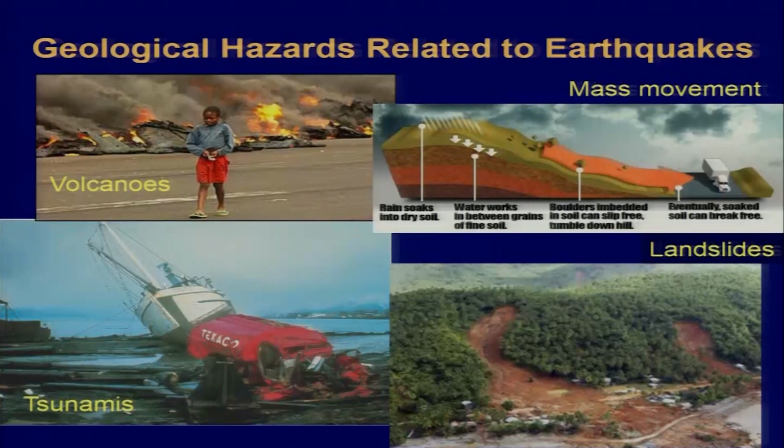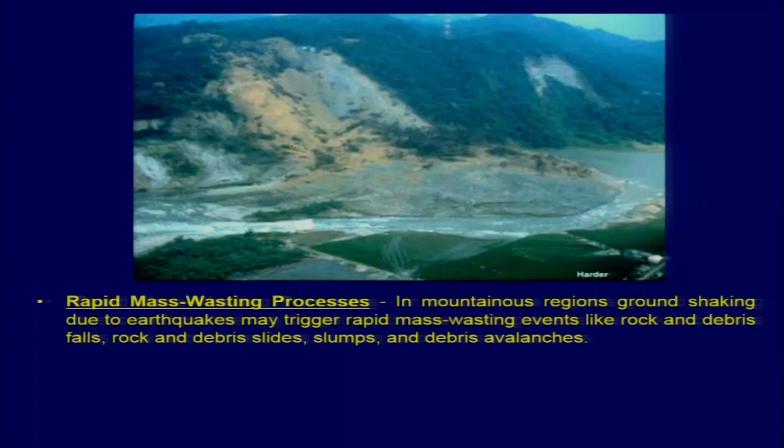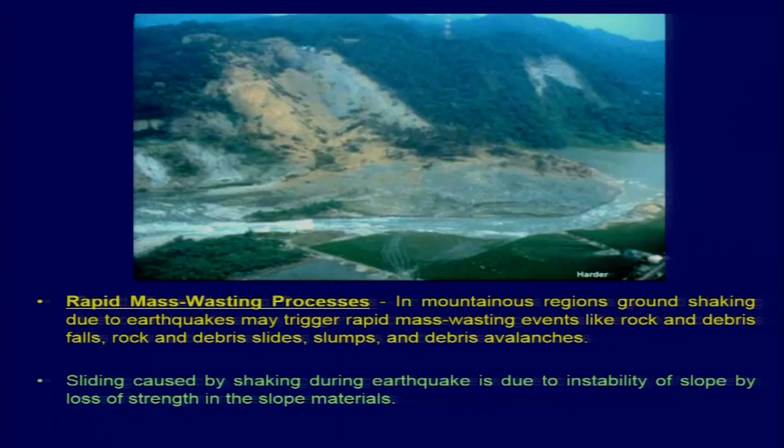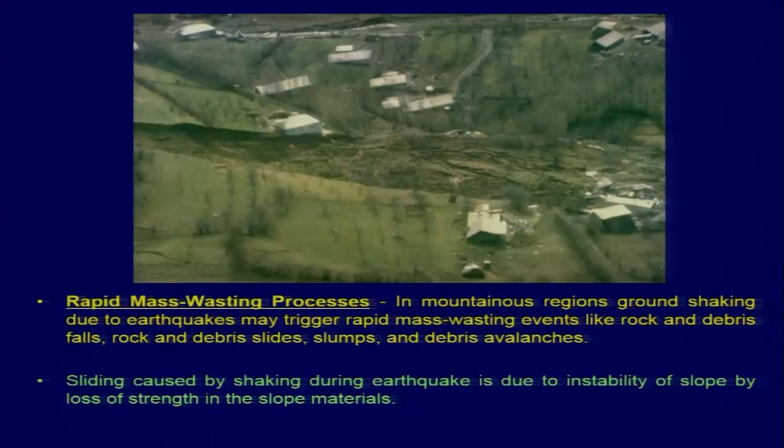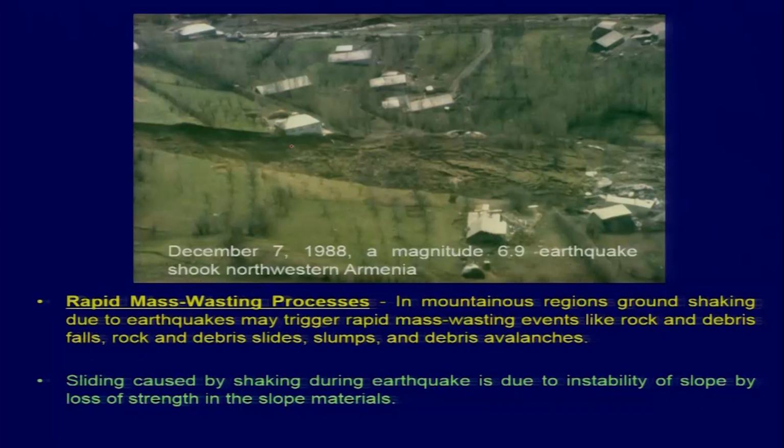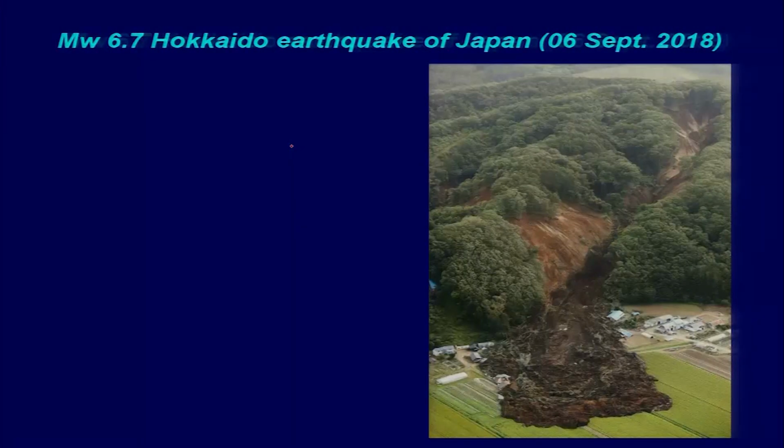So, these are examples of landslides, the rapid mass movement processes, and the lahar flow. If you are having a volcanic eruption, you can get lahar flows in the region. This is a recent 2018 landslide which was caused in the Hokkaido region. The magnitude was not much, only 6.7, but a massive landslide was triggered.